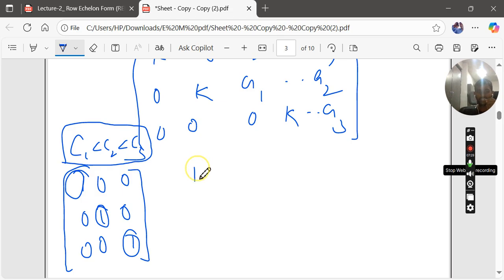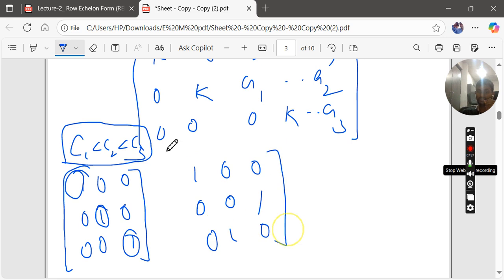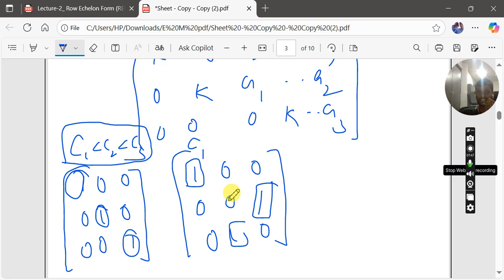Again, for example, you are having one more matrix 1 0 0 and 0 0 1 and 0 1 0. What about here? Here the leading coefficient starts with some scalar, here also some scalar, here also some scalar. Again, if you see the relationship, here C1 is there, next C3 is coming, next C2 is coming. So here it is violating. So it is not in row echelon form.